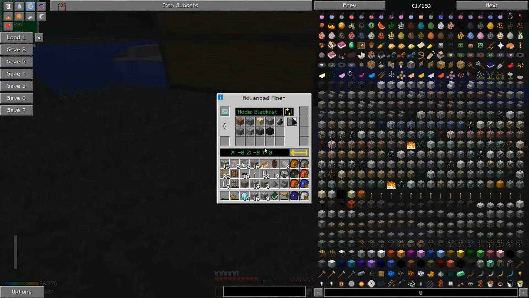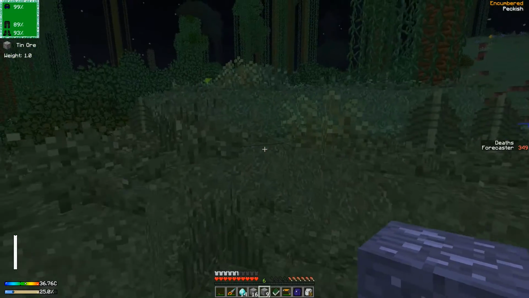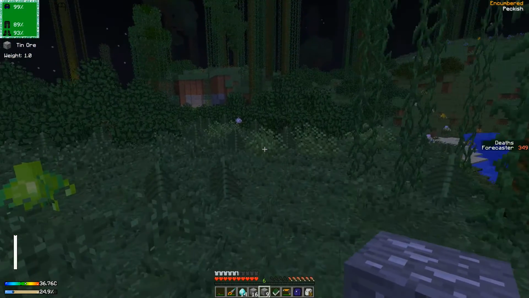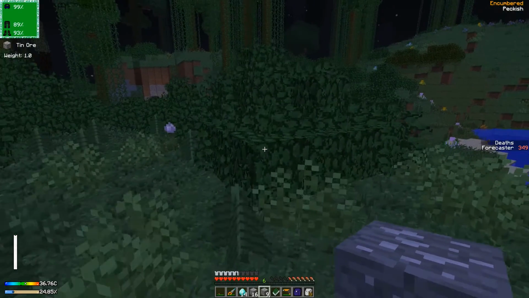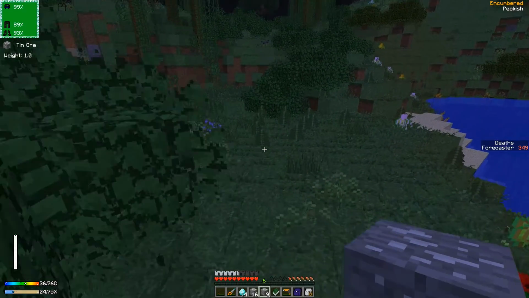Also, I think that the advanced miner uses the power in the scanner first, and then uses its own buffer to recharge it.